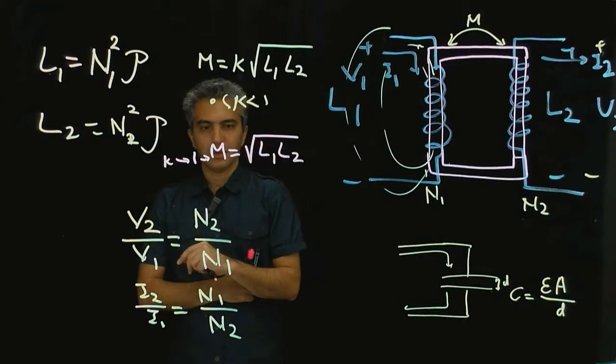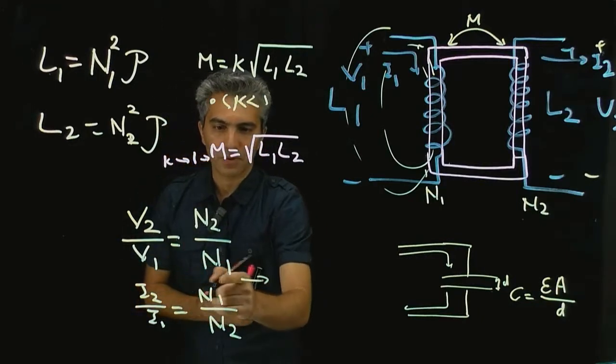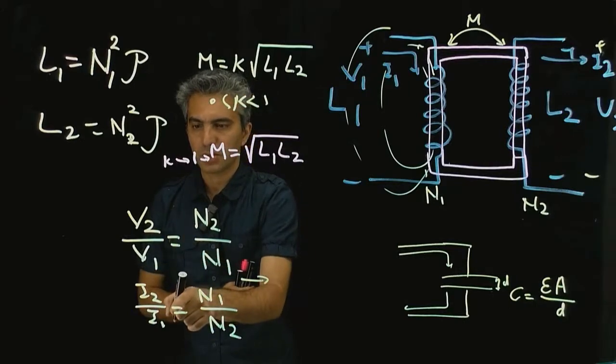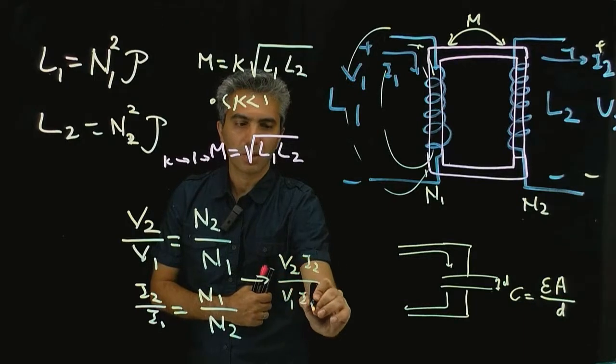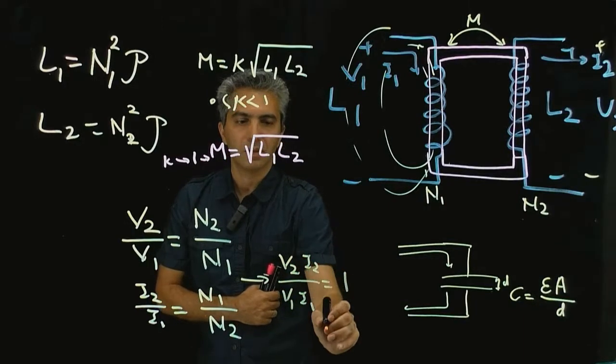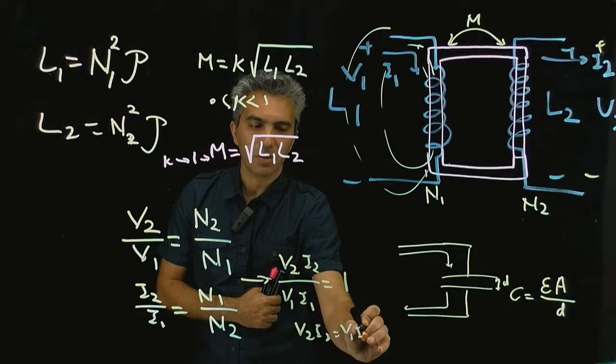With that, you can see that if I multiply the two sides by each other, you get V2 I2 divided by V1 I1 is equal to 1, which means V2 I2 is equal to V1 I1.